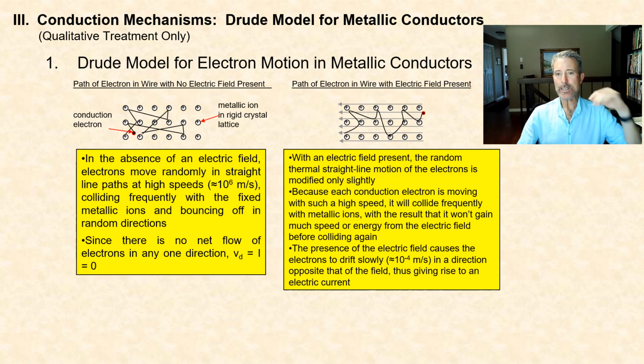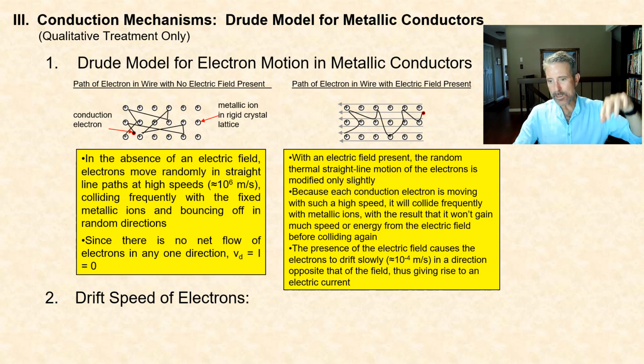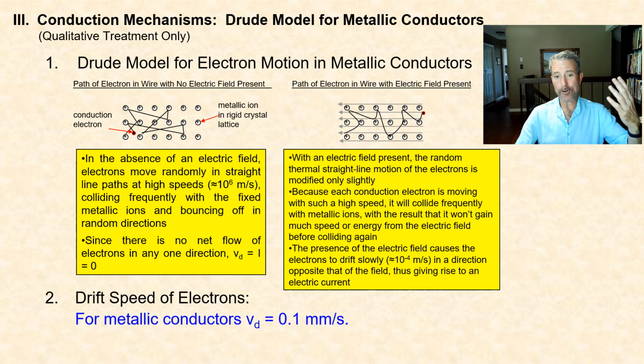But then there is the very slow drift speed that happens because of the electric field, and these electrons can very slowly accelerate before they get stopped by another metallic nucleus. So we see here, with this very simple model, why it is that these electrons never move very fast under the action of that electric field. In fact, they move at a snail's pace, on the order of about 1/10 of a millimeter per second.